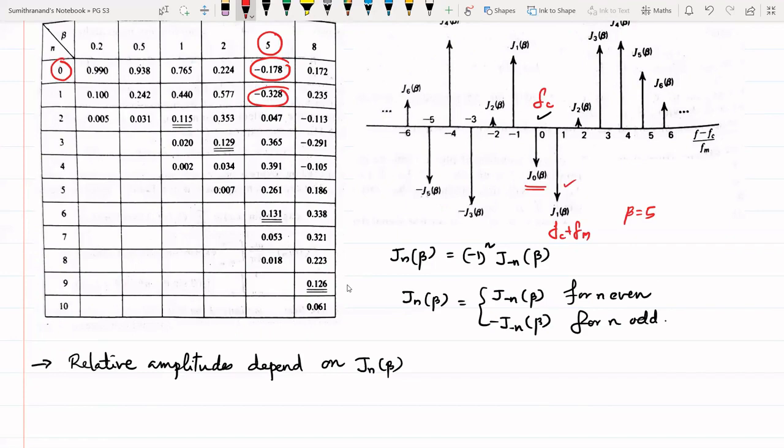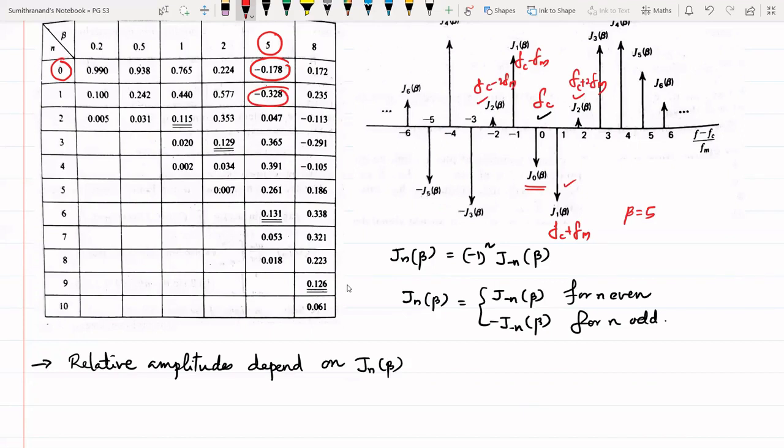Now, J minus 1 beta corresponds to a frequency of Fc minus Fm. And J2 beta denotes a frequency of Fc plus 2 Fm. And J minus 2 beta corresponds to a frequency of Fc minus 2 Fm, and so on.